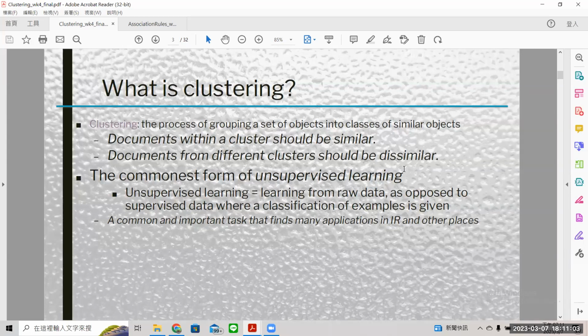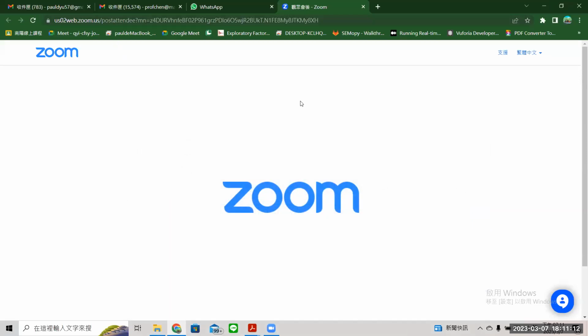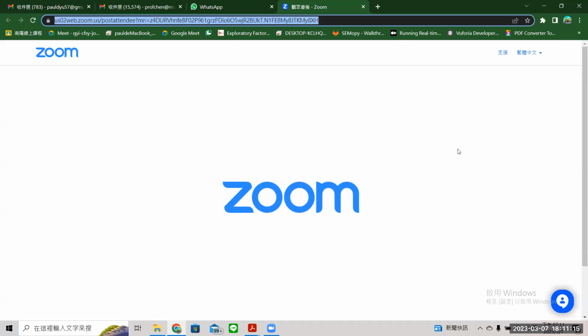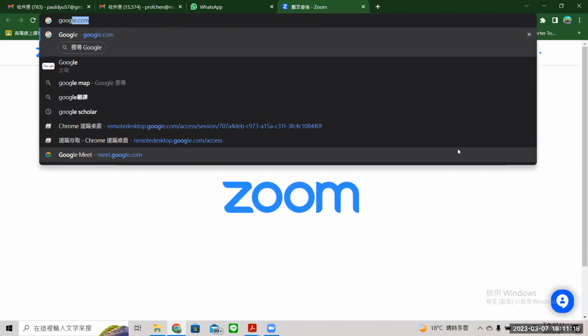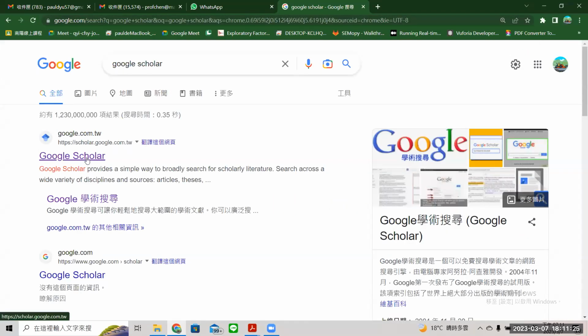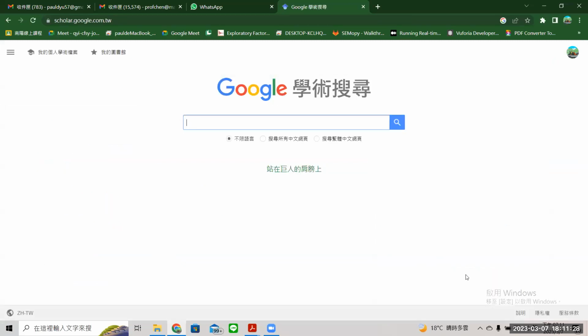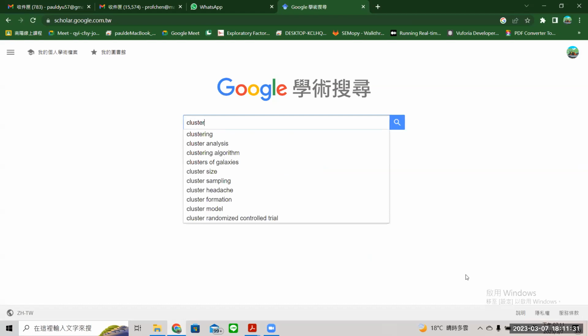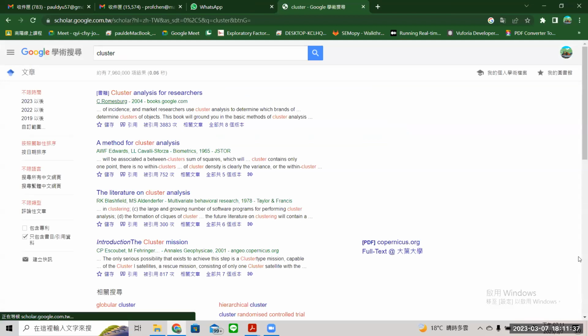Let me take a short review: if I go to Google Scholar, I think everyone knows Google Scholar, and you just type the keyword, cluster, or all clustering, then you can see a lot of articles, almost 8 million.